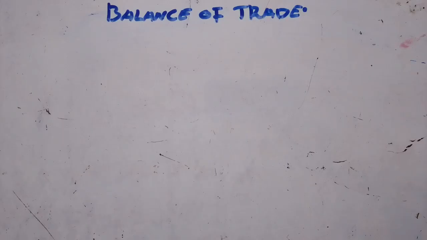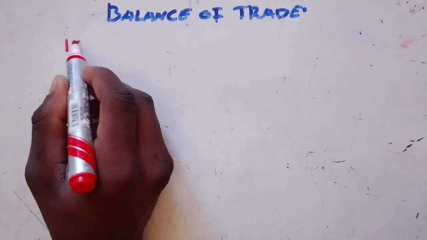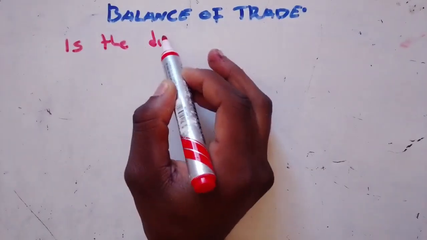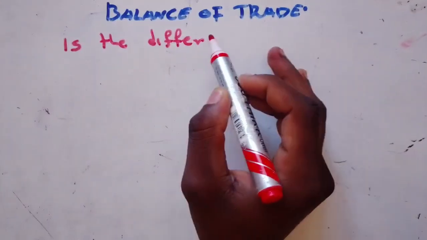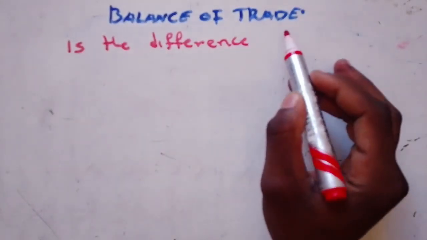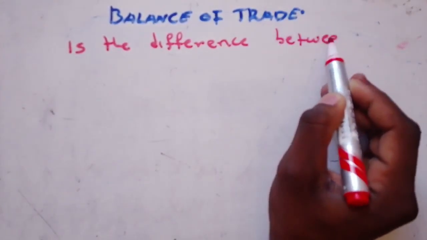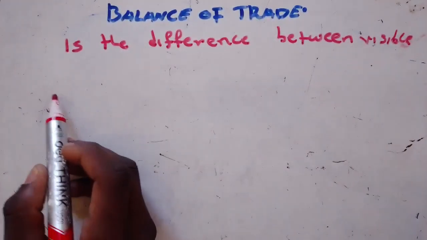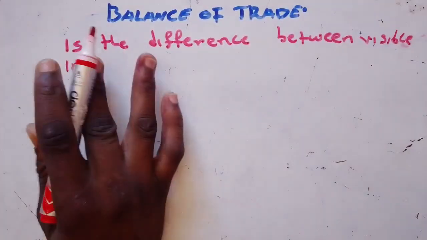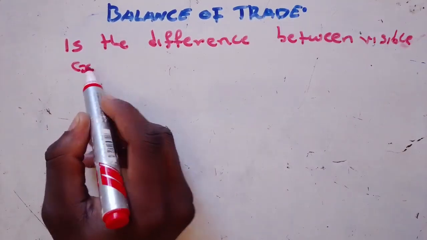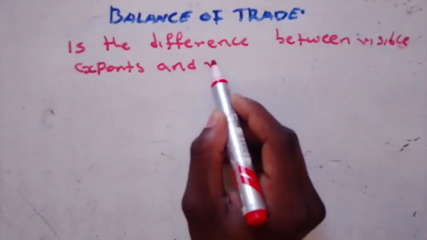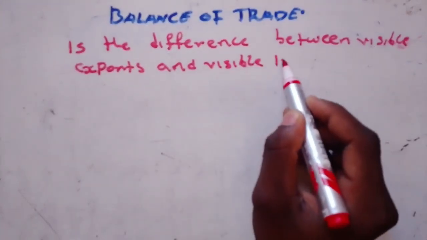We have said that balance of trade is the difference between visible exports and visible imports.